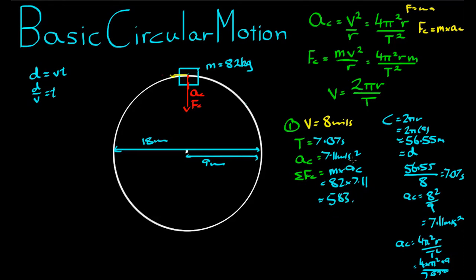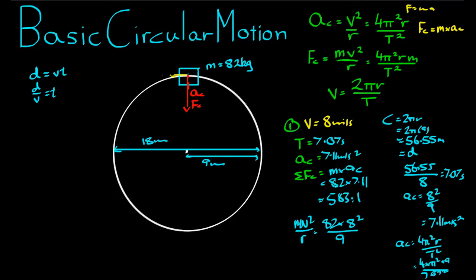Or just as an exercise, we can go and use one of these formulas here. mv squared on r is equal to 82 times v was 8 squared divided by 9. 82 times 8 squared divided by 9 should be, yep, 583.1. Which should I use? I'm actually going to use my second answer, 583.1, because these figures here are not approximations, whereas that figure there is an approximation to 2 decimal places.